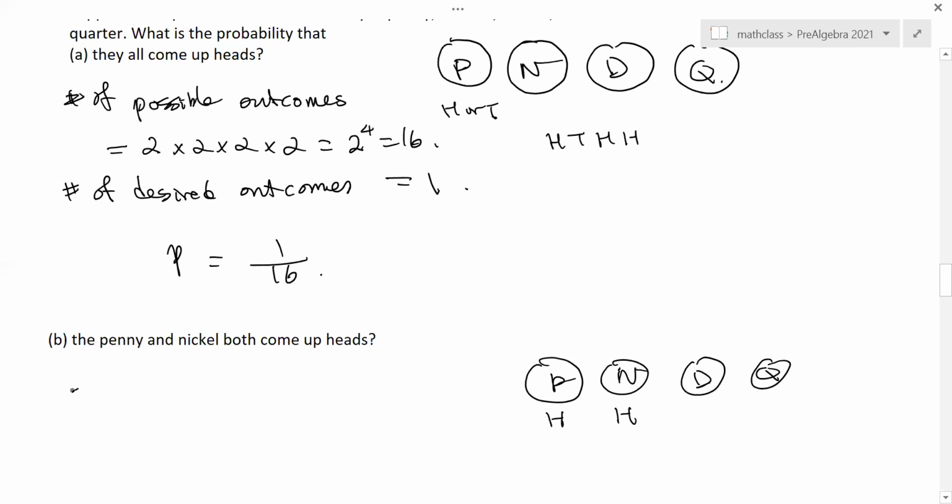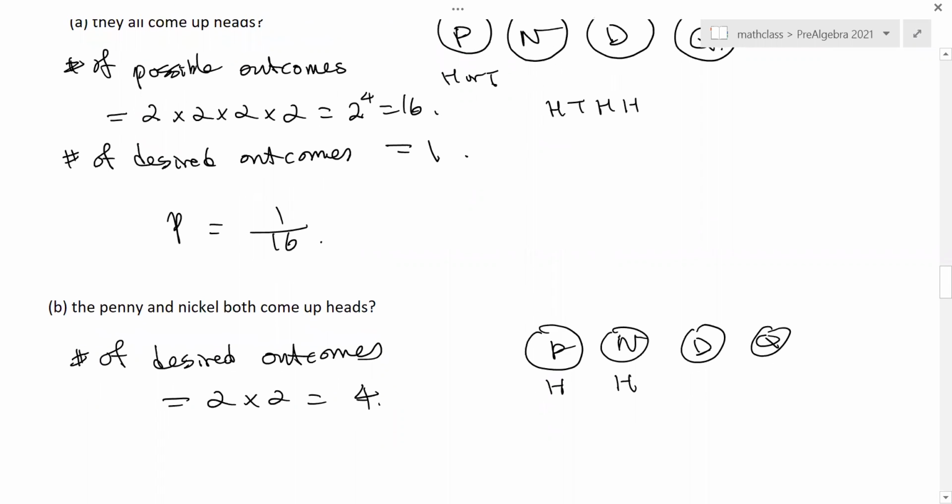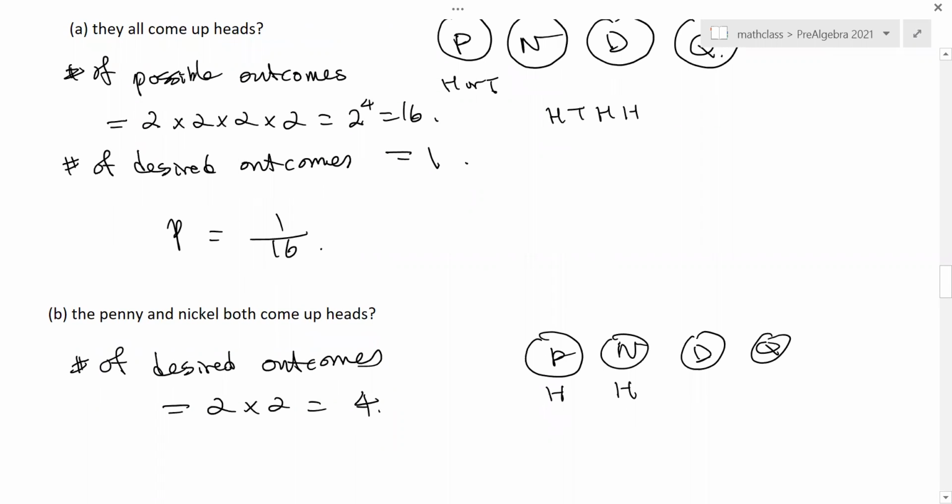So the number of successful outcomes based on the dime and the quarter is just 2 times 2, which is 4, because there are 2 possibilities for the dime and 2 possibilities for the quarter.